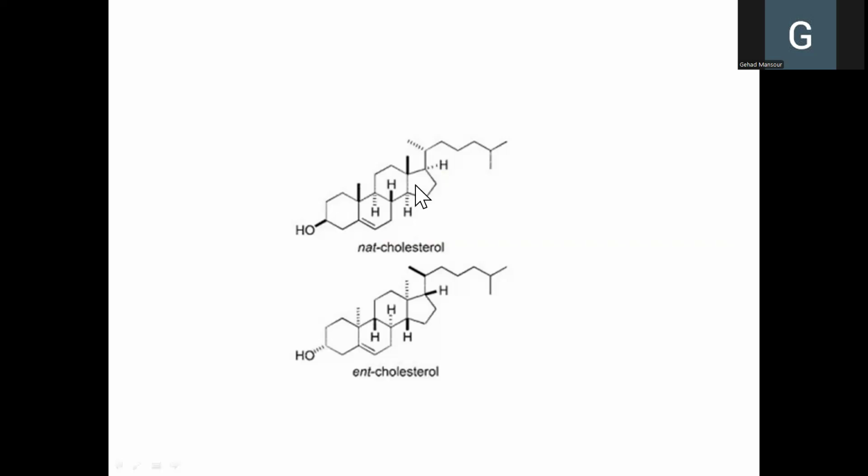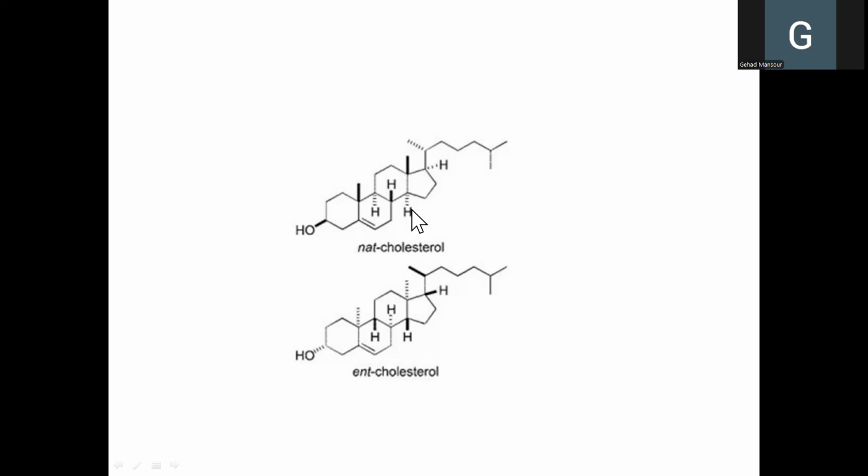It is rigid again because it has double bonds. And this steroid nucleus is a four-ring nucleus, four rings that are fused with each other. So it consists of cyclic hydrocarbons, and it is nonpolar because it does not carry any charge.